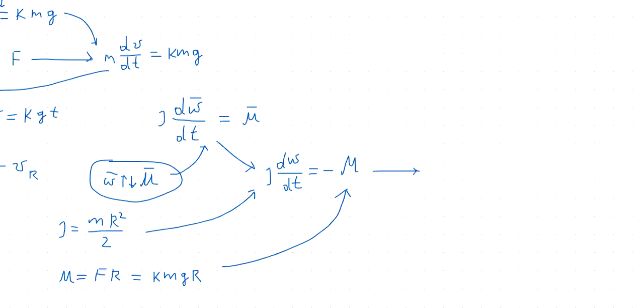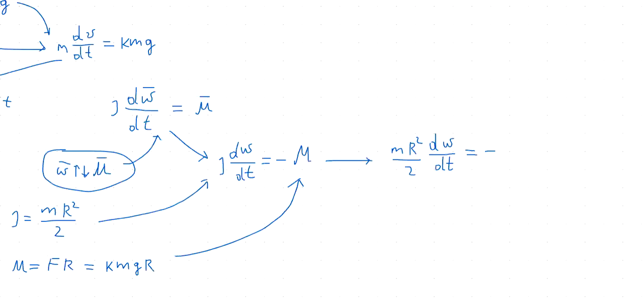So it will be m r squared divided by 2, times the derivative of angular velocity with respect to time, and this is equal to minus k m g r.